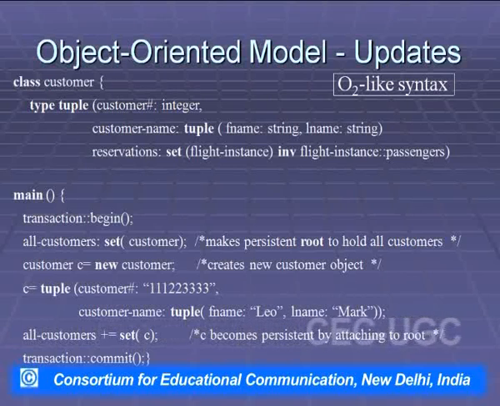Transactions begin. All customers, set customers, makes persistent root to hold all customers. Customers, new customer, create new customer object. Tuple customers, customer name, tuple, and this becomes persistent by attaching to a root.